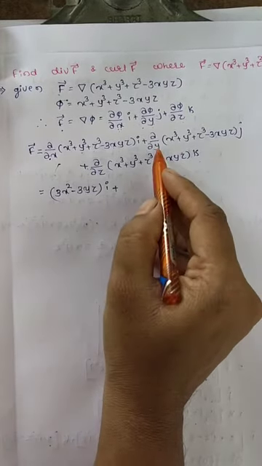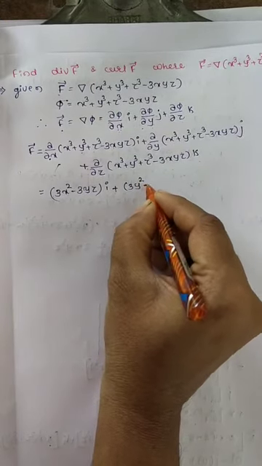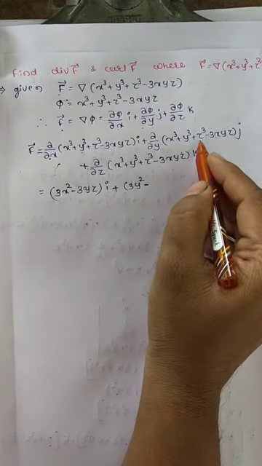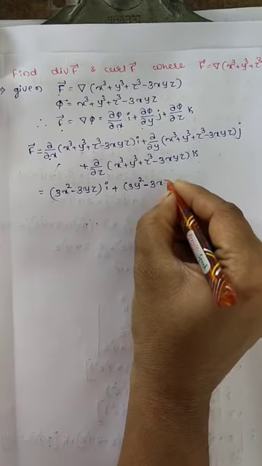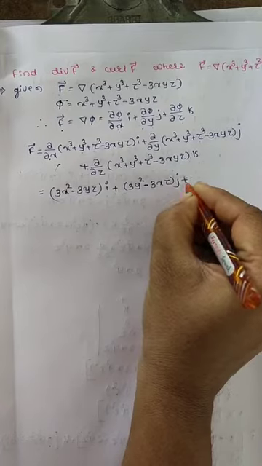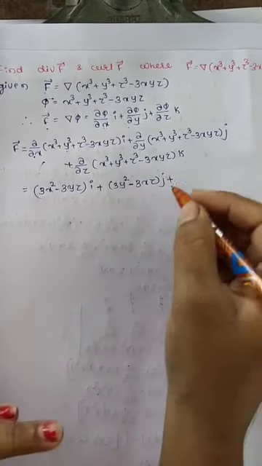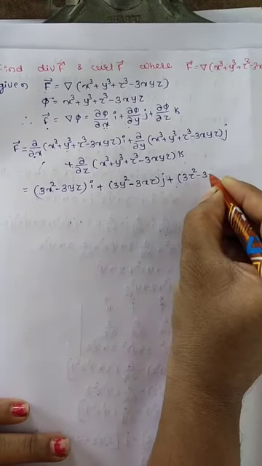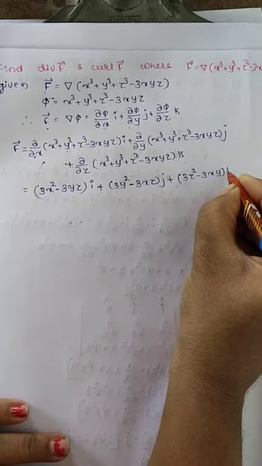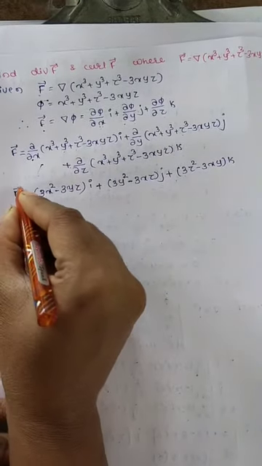Plus, now with respect to y: 3y² minus, x becomes a 0, z becomes a 0 and y becomes a 1 here, 3xz j. Plus, now for the k, differentiate with respect to z: z³ becomes 3z² minus 3xy, z becomes a 1. This is our vector f.